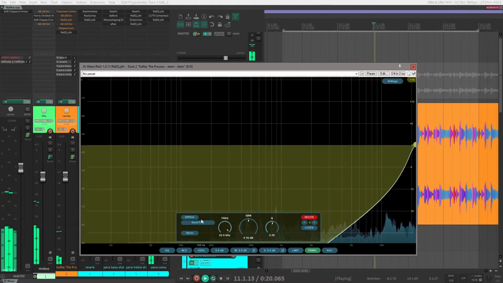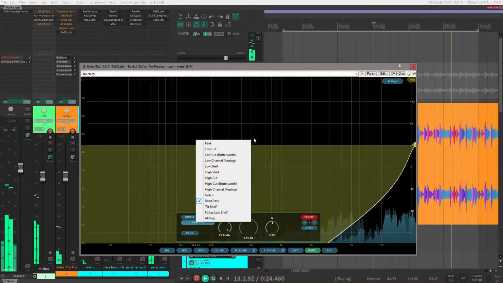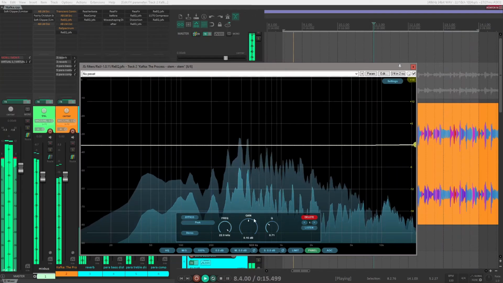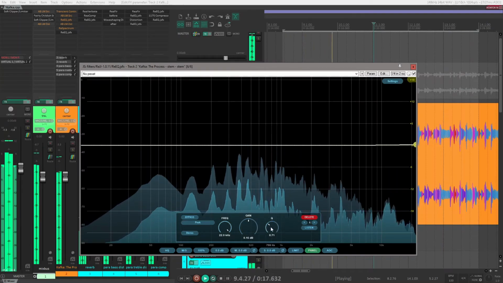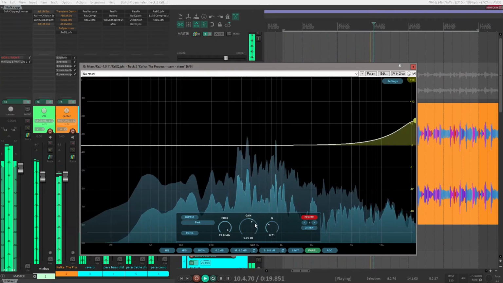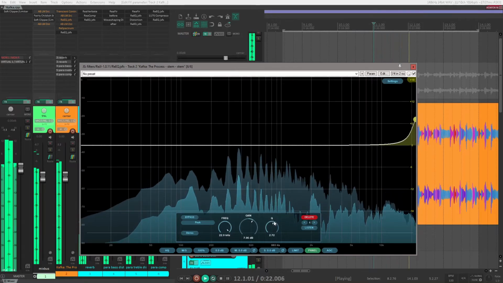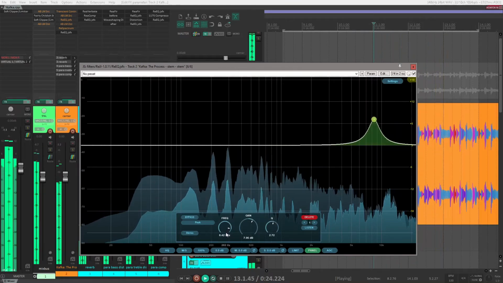Now for something funny. Usually the way that you do a frequency sweep is by taking a peak filter and increasing the gain, making it somewhat steep, and going through the frequencies.